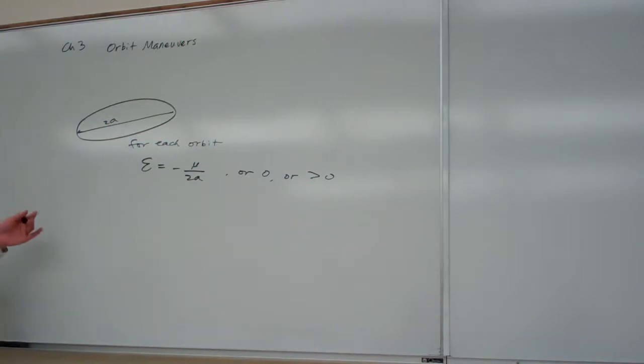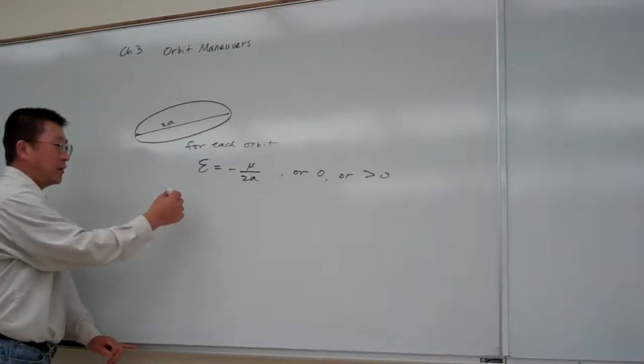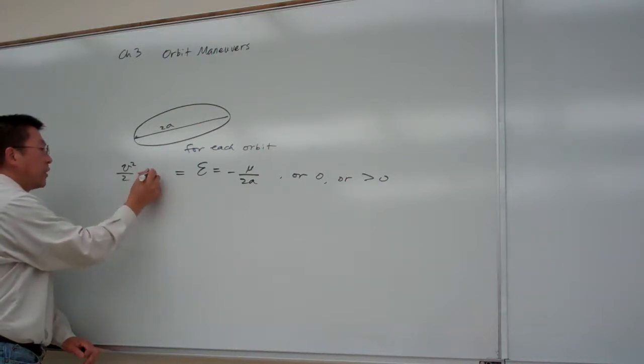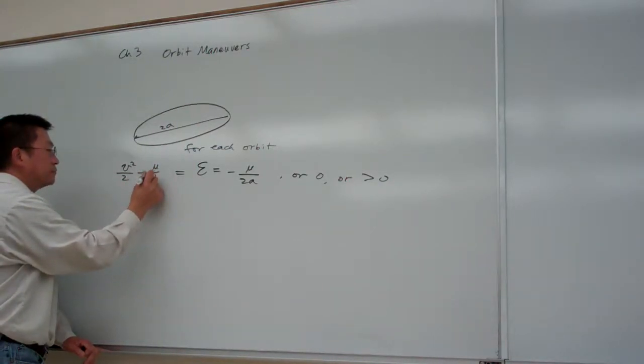As long as your mechanical energy is determined, that object is basically docking onto a specific orbit. On the other side, we know the mechanical energy is v squared divided by 2 minus mu over r.